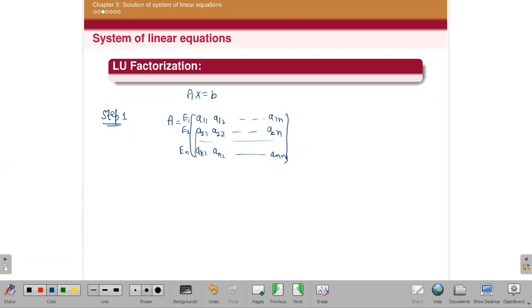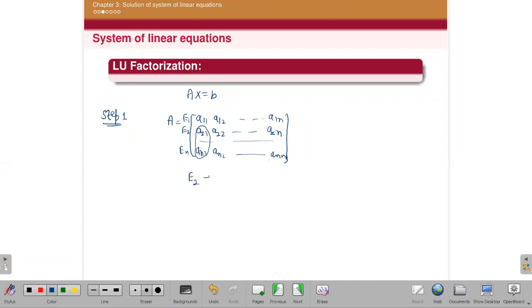So make these entries 0. Here you should not use pivoting, because in LU the pivoting method is not allowed in the LU decomposition. Actually, our aim is to reduce this matrix into upper triangular first.